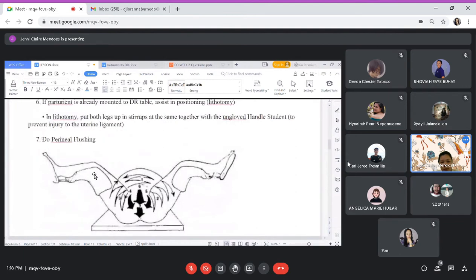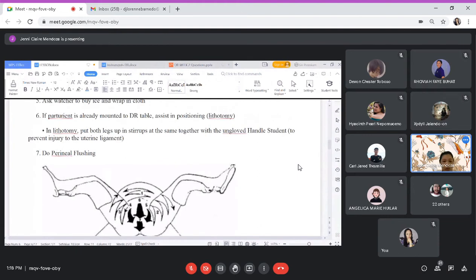When you lift the legs, it should be both legs. So the assisting and the handling student nurse will lift the legs and position the legs at the same time.